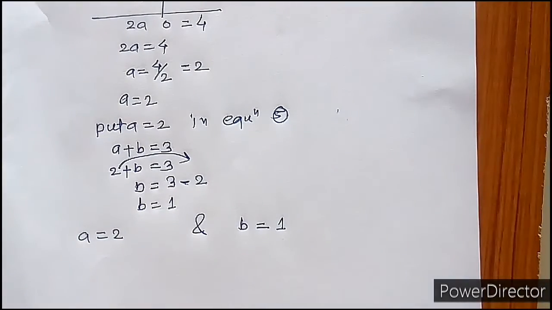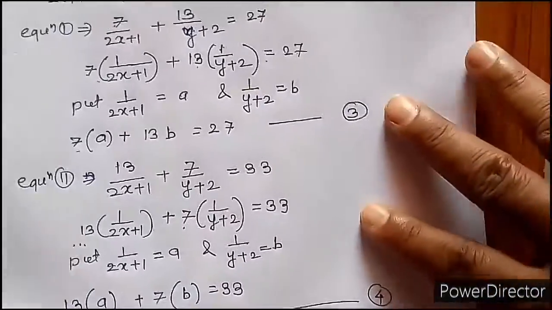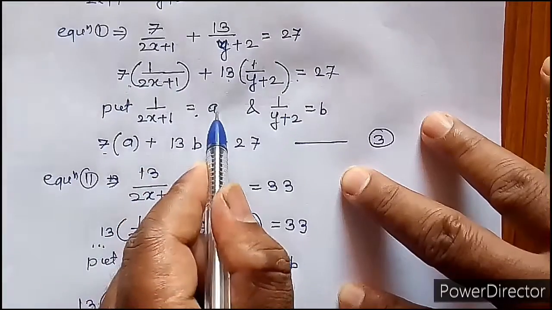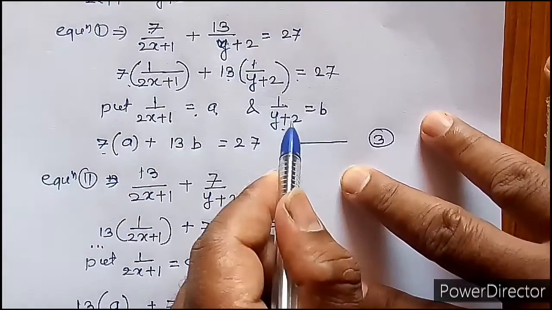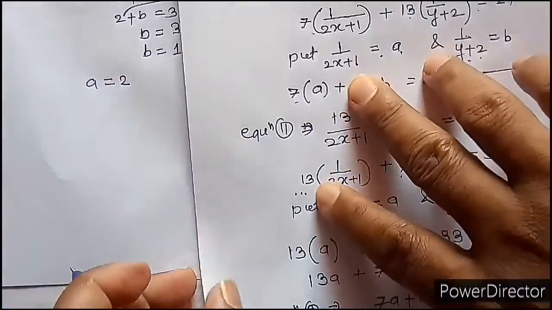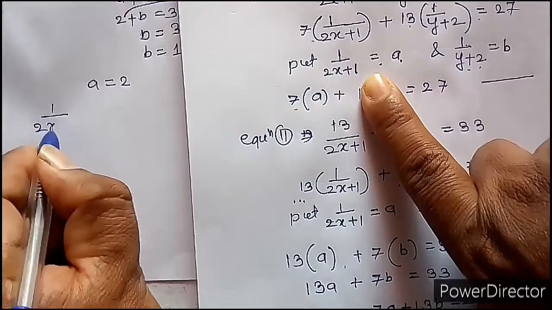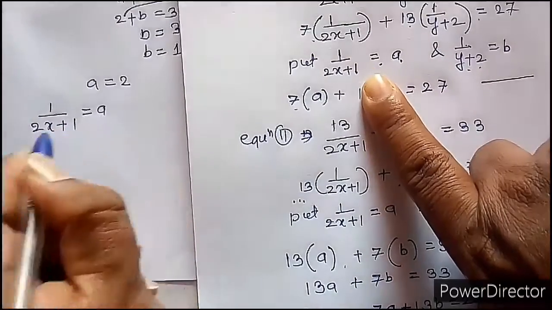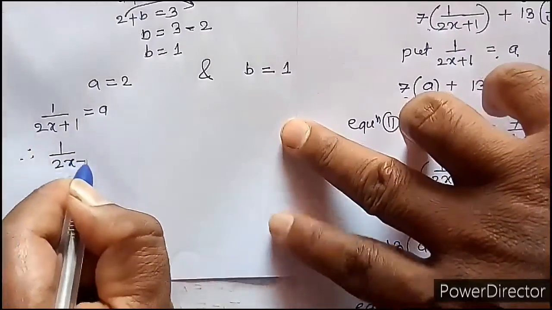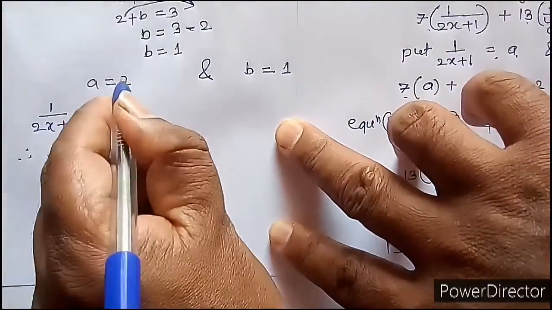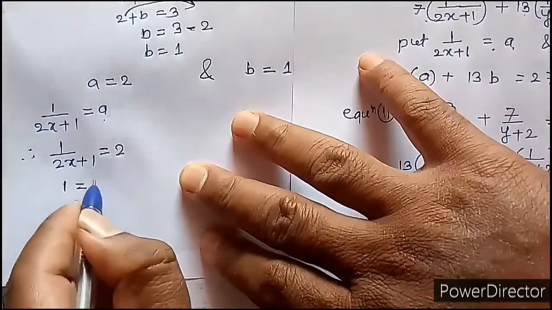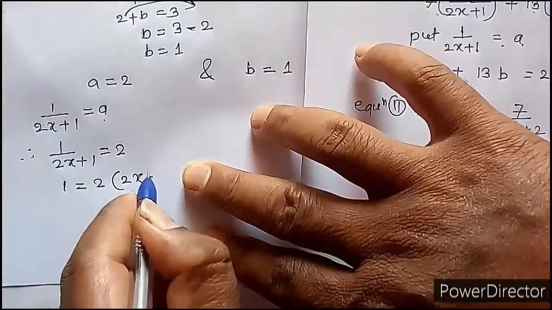But we have already put the values of a and b. Those values are 1 by (2x plus 1) equals a, and 1 by (y plus 2) equals b. Therefore 1 by (2x plus 1) equals a. The value of a we get is 2. Now on solving this, 1 equals 2 into (2x plus 1).